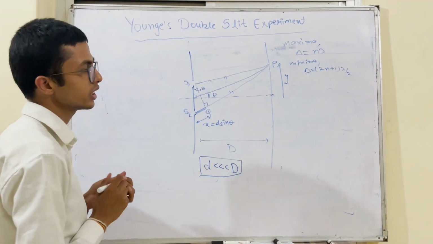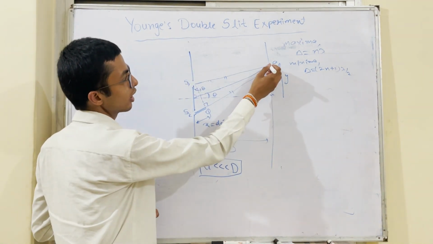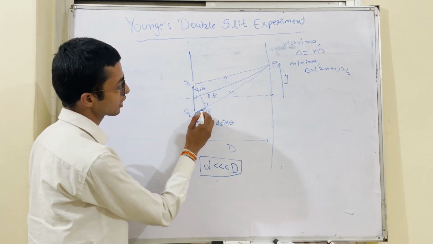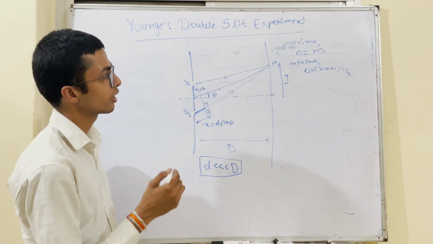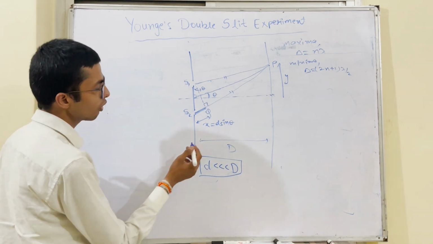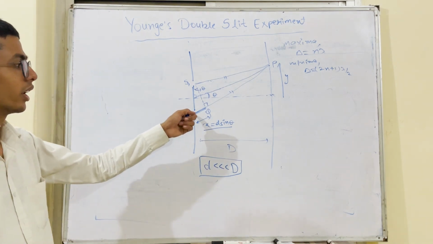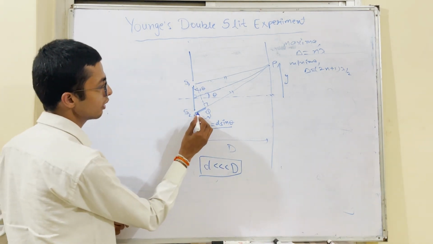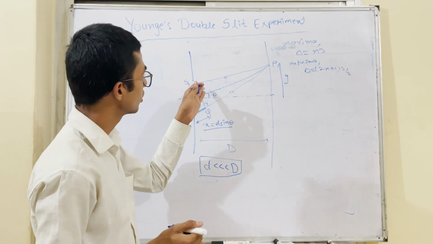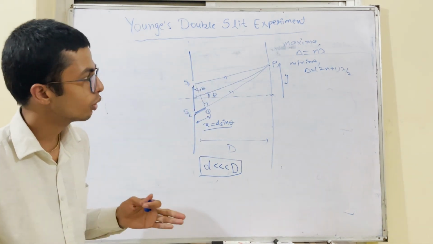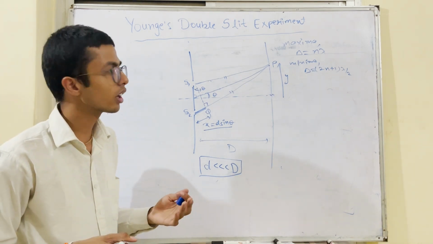So we see here the interference is occurring because this path difference is coming, and that's why these different intensities are coming. So why is this path difference coming? Because this wave is traveling some extra path than this one. So how can these path differences occur?